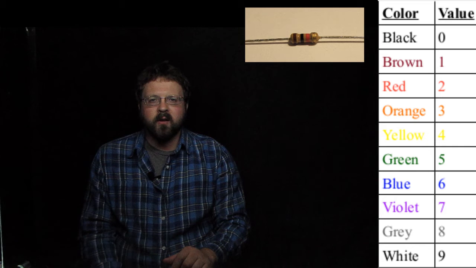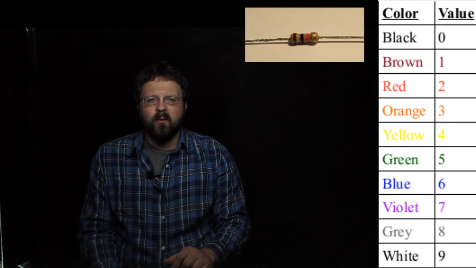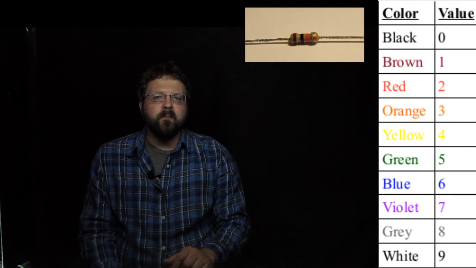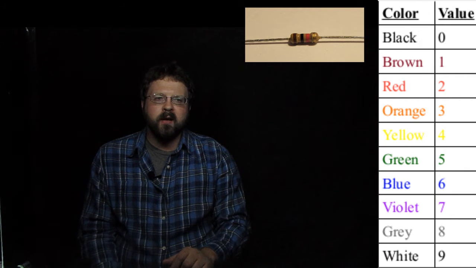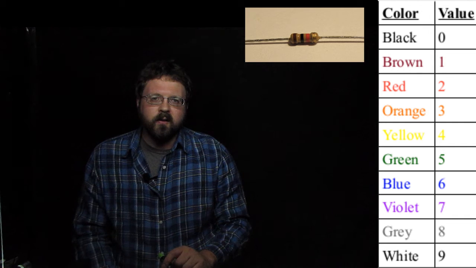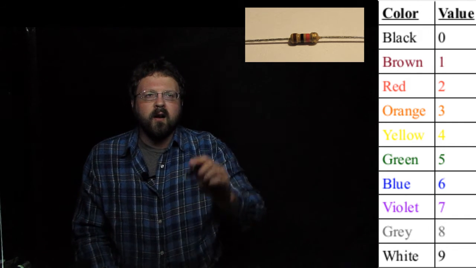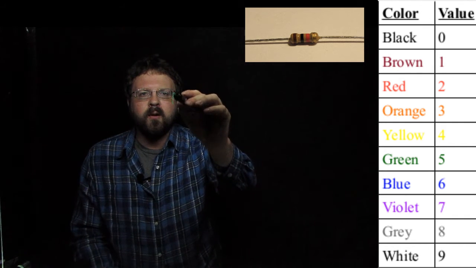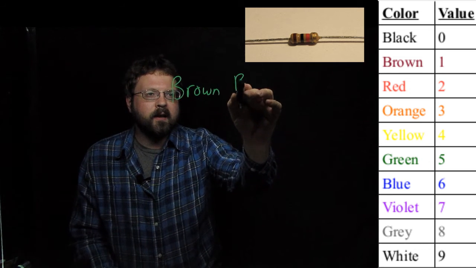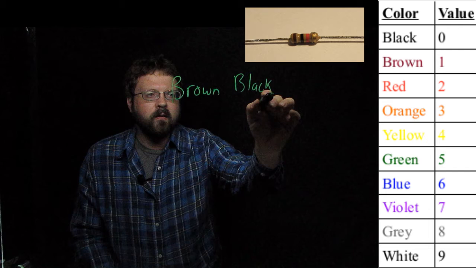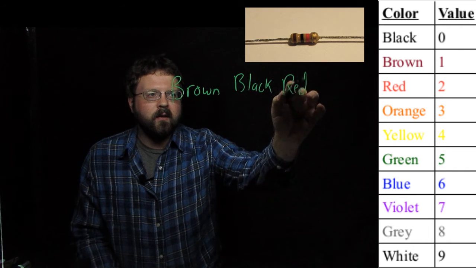The last one corresponds to the tolerance of the resistor, and we won't really get into that at this point. Typically tan colored resistors have these 3 bands, and this particular resistor has colors brown, black, and red.